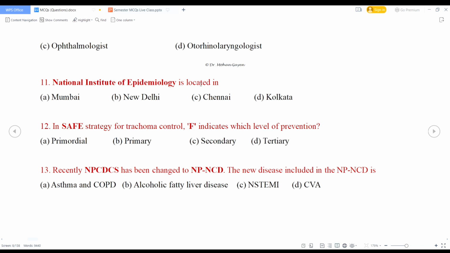Recently, NP-CDCS has been changed to NP-NCD. The new diseases included in the NP-NCD is... NP-NCD means National Program for Non-Communicable Diseases. So which are the new diseases?